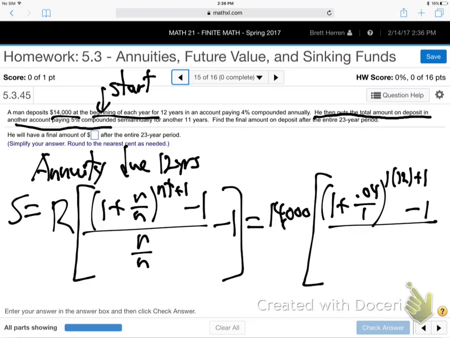I'm off the screen almost. There. Here's that. Big mess. So we got to calculate that on our calculator.